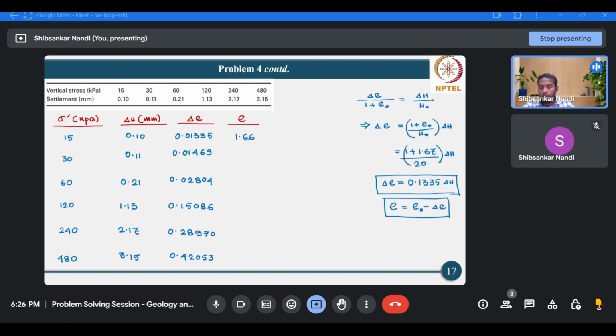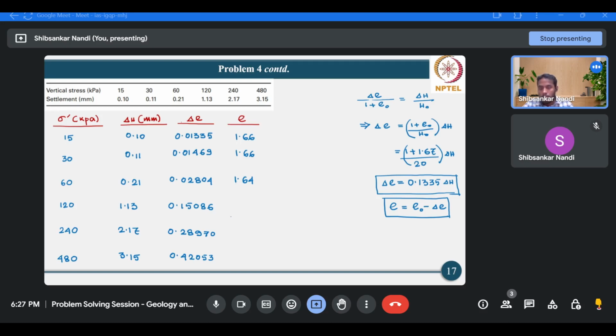Okay, so after rounding up, then 1.67 minus 0.01469, so again we can say 1.66, then 1.67 minus 0.02804, so 1.64. Okay, one request to all of you: I may make mistakes in the calculation part, so please cross-check these values twice.